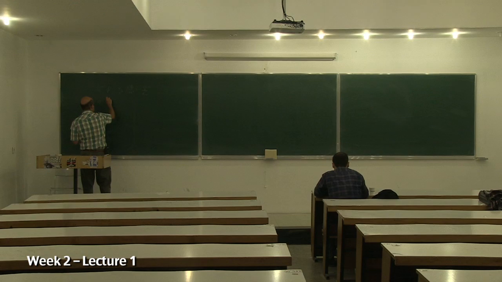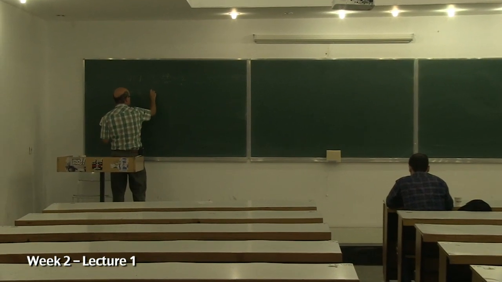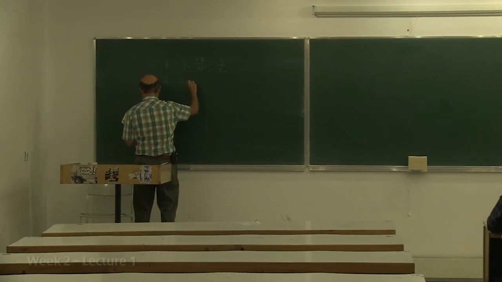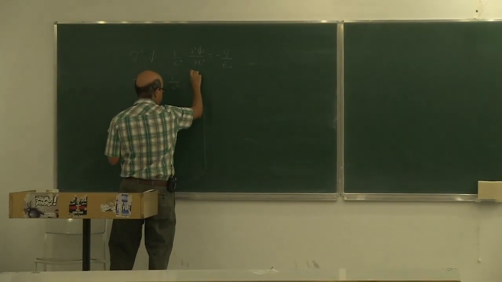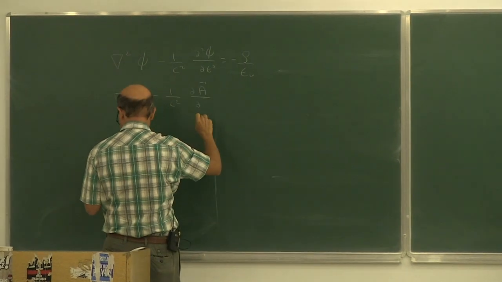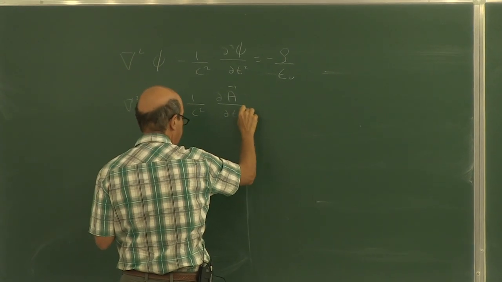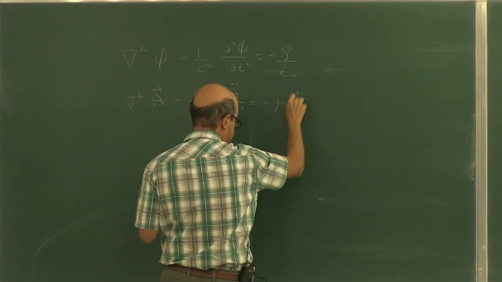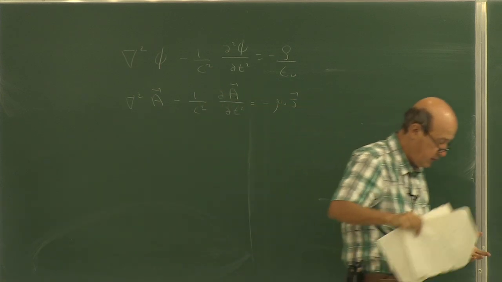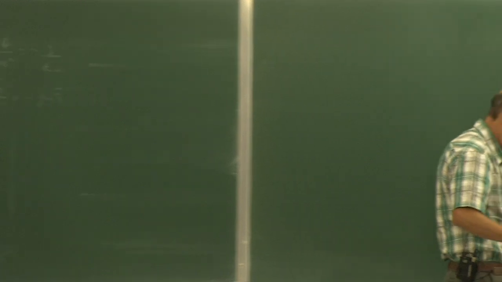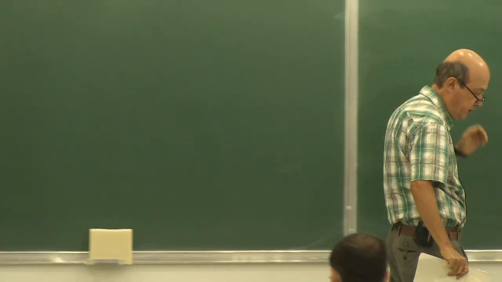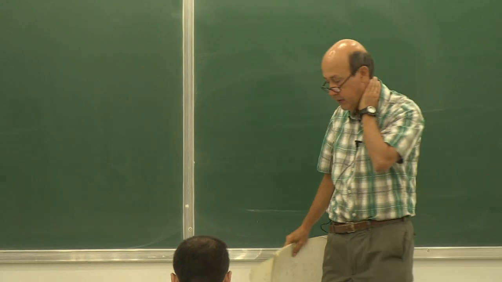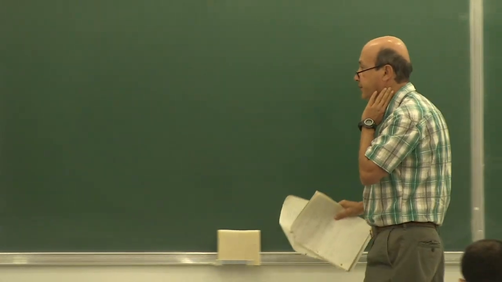We studied Maxwell's equations in terms of potentials, namely scalar and vector potentials, and we derived differential equations, a mixture of the coupled equations of the scalar and vector potentials.